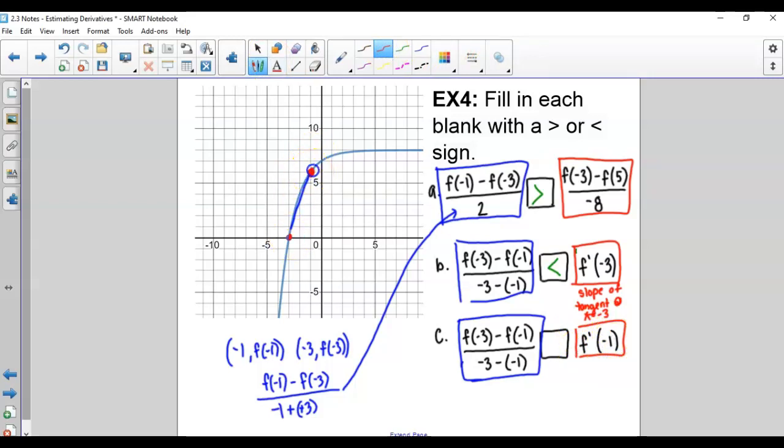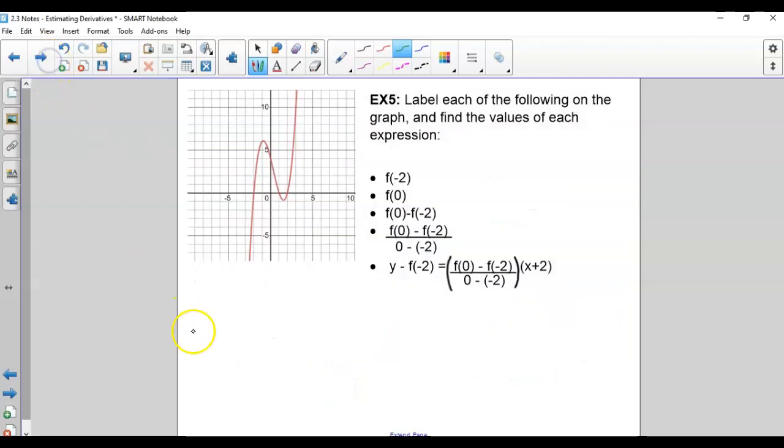So f of -1 is this red dot that I'm adding. We're looking at a tangent line to the graph. Here you can see that blue line is steeper than the red line. Since that blue line is steeper, it has a greater slope. So we would use a greater than sign for the letter C. All right, let's look at some.